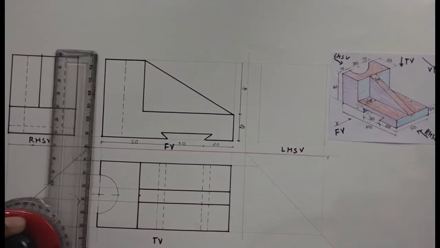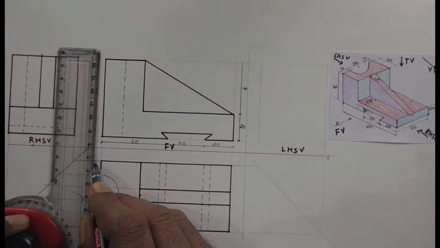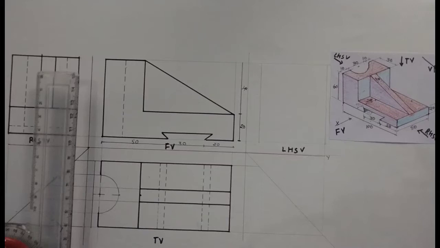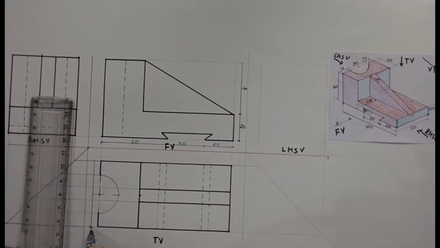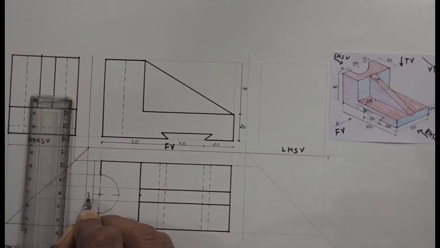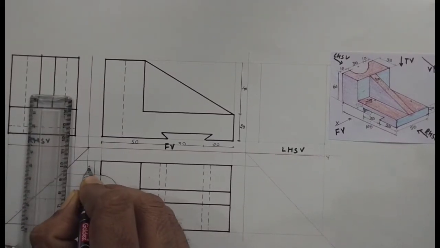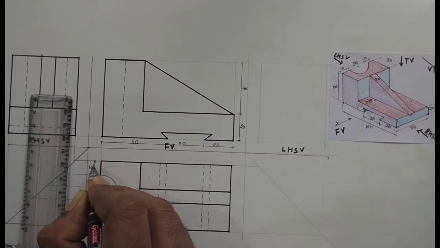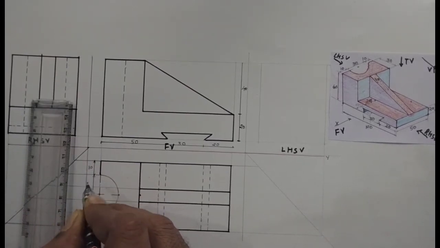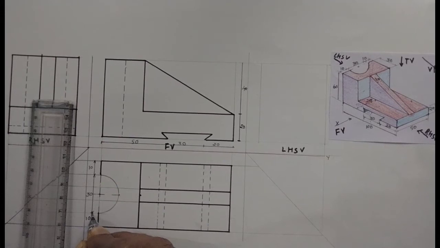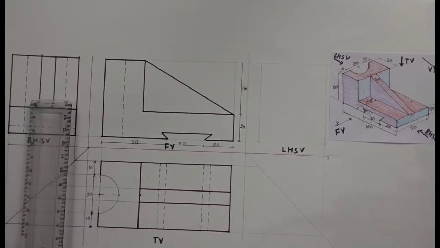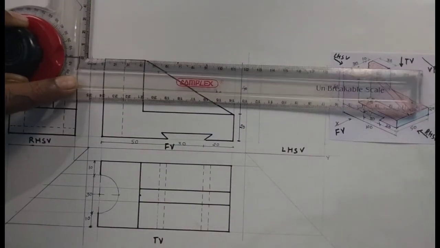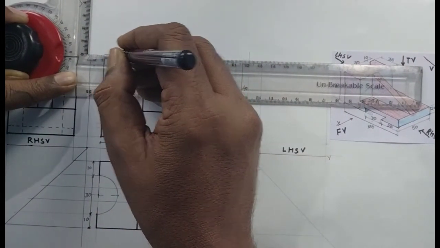Now in the top view you can represent your dimension line. This is 10 mm, this is 30 mm, and this is 10 mm. Now this dimension is 30 mm.